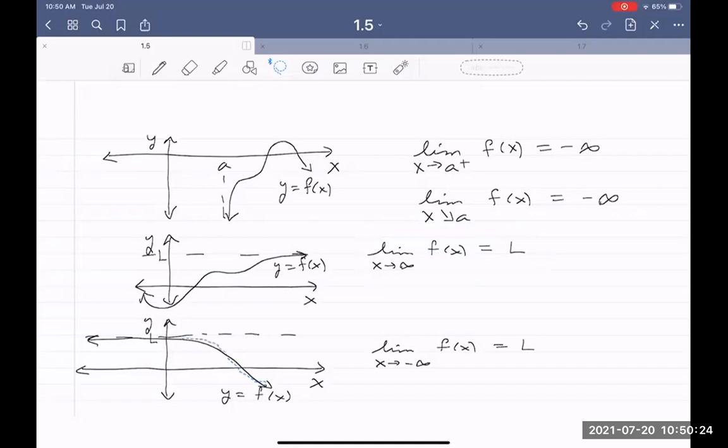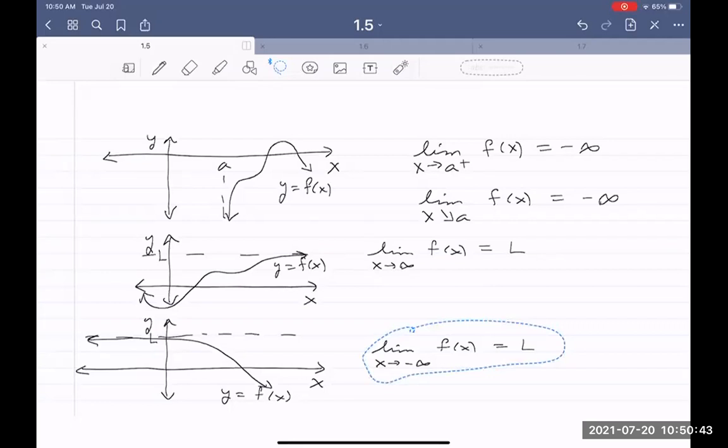Suppose we have some function where, as x keeps getting smaller and smaller, we approach L. Again, this is usually what we called in previous classes a horizontal asymptote.